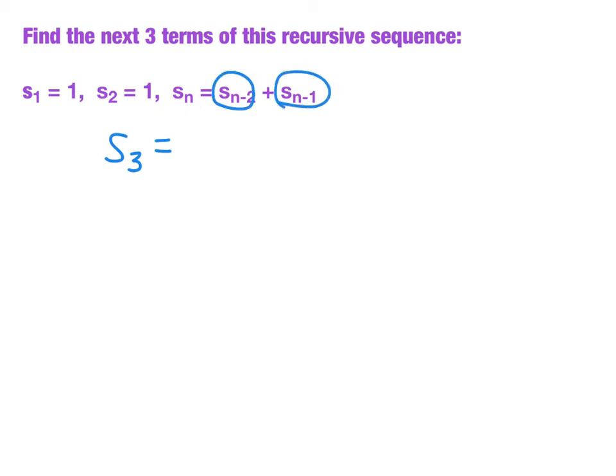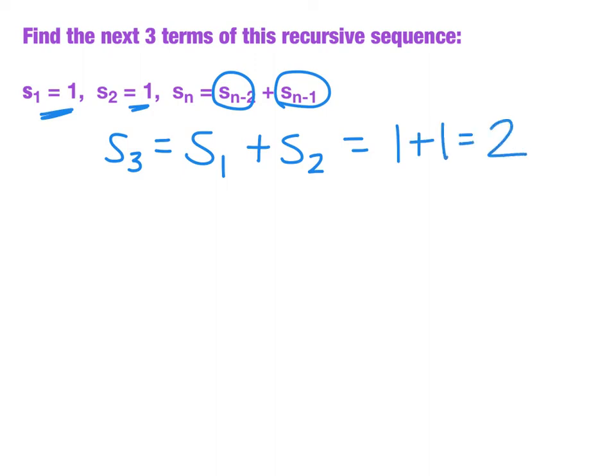So if n was 3, 3 minus 2 is the first term, and then 3 minus 1 is the second term. Another way to think about it is s base 1 plus s base 2, and I know those two things to be 1 plus 1, that's 2.